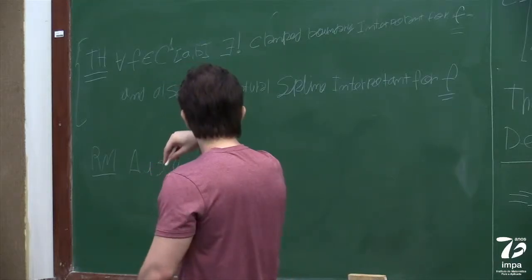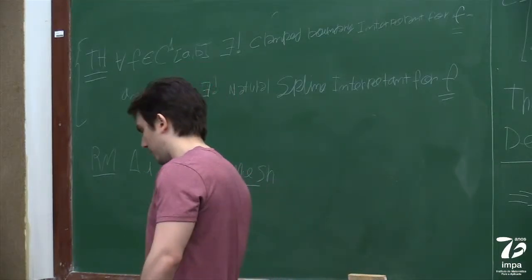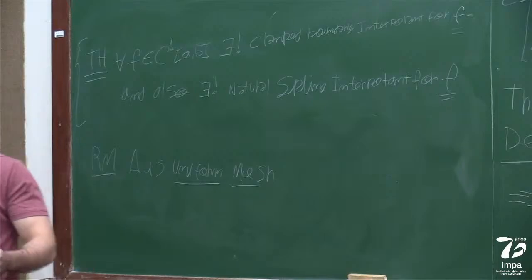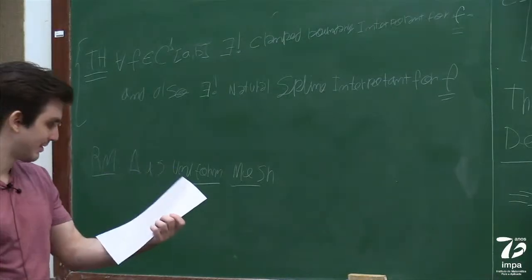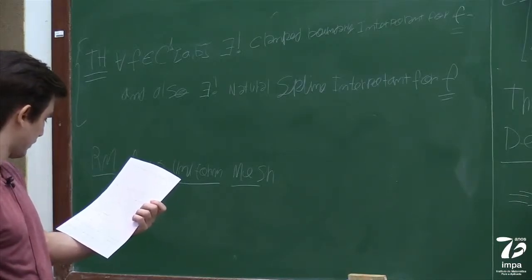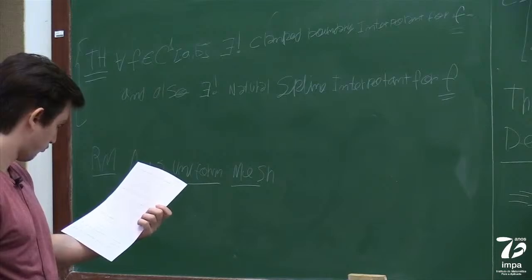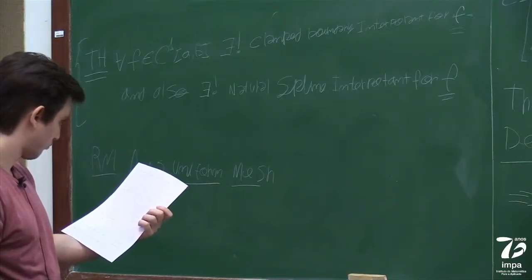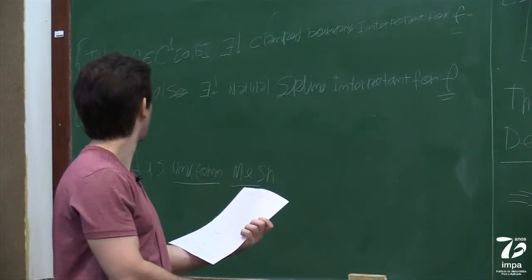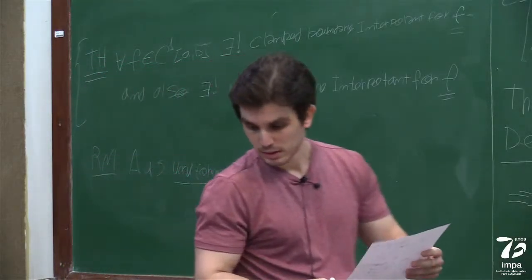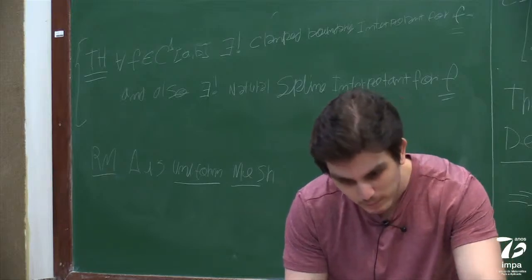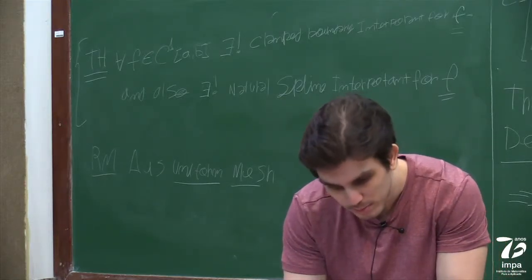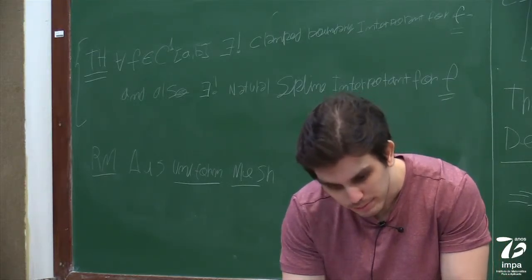Similar results for delta not being a uniform mesh we can still have, but we don't really care right now. Okay, uniqueness. Yeah, so we have still uniqueness of the cubic spline interpolation.